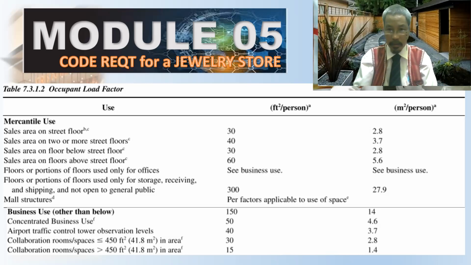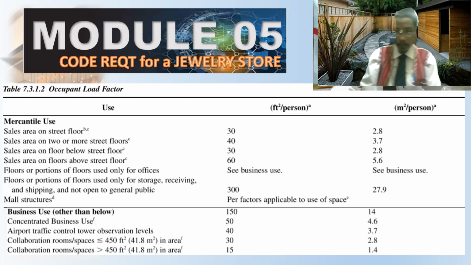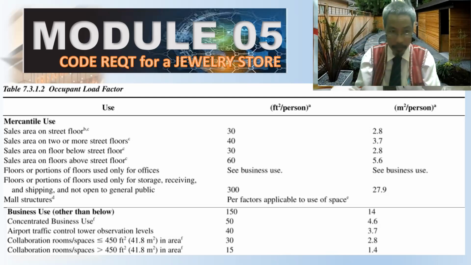So in 5.6 square meters, only one person. But if the floor is on the ground, 2.8, so there are 2 persons in 5.6 square meters. That is the meaning.